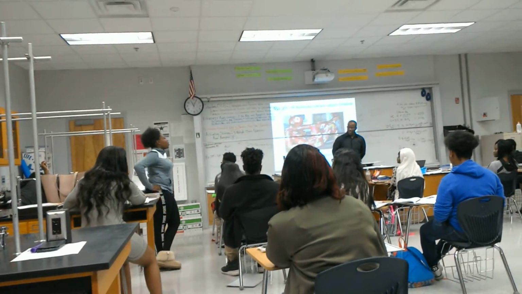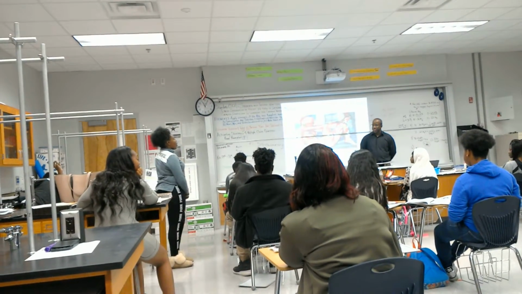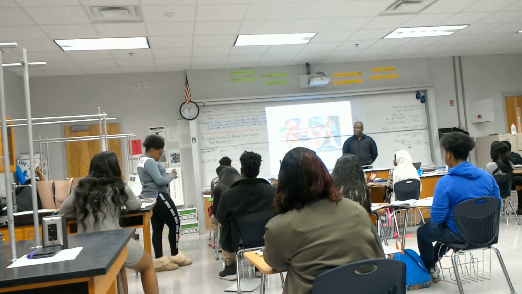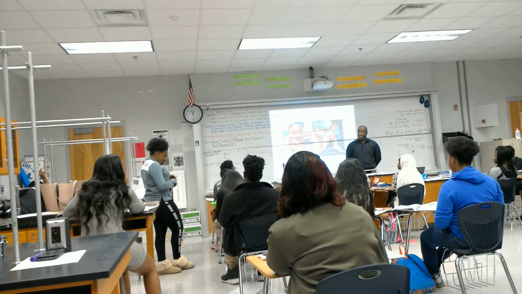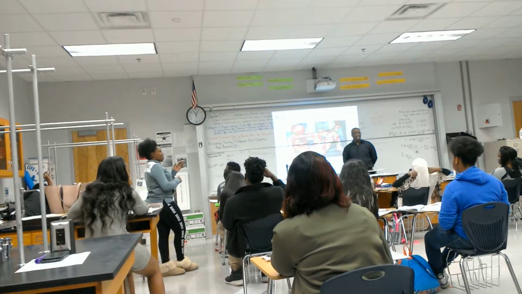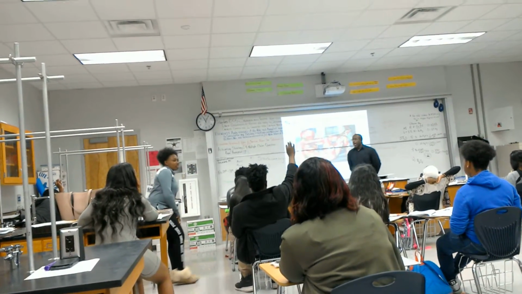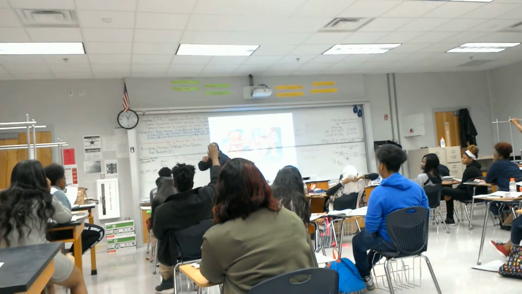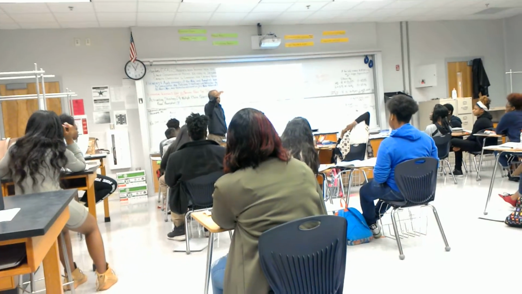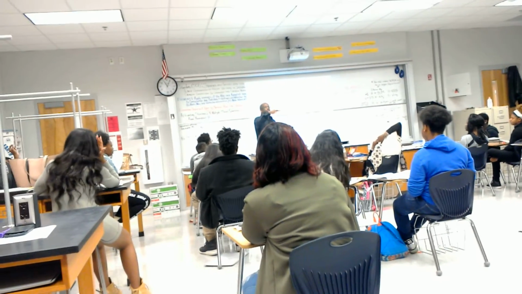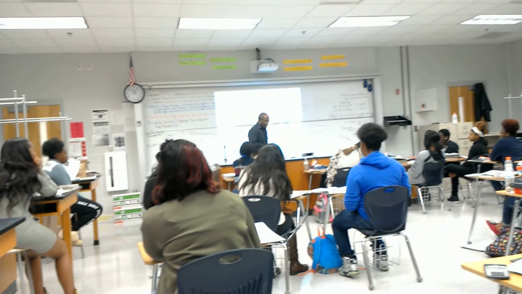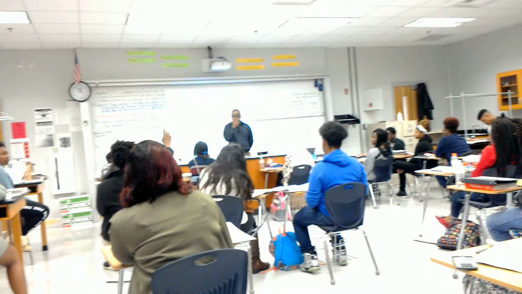Avogadro's number is 6.02 times 10 to the 23rd over 1 mole, using either atoms, formula units, ions, or molecules. Very good. Now, Maria said something very important. When she said 6.02 times 10 to the 23rd, she said compared to what? 1 mole. Comparing it to 1 mole. Very good.